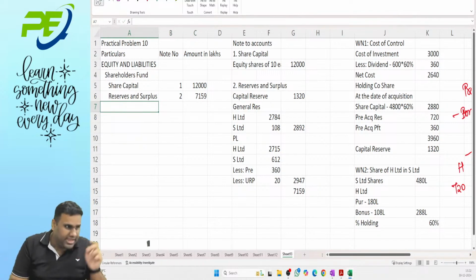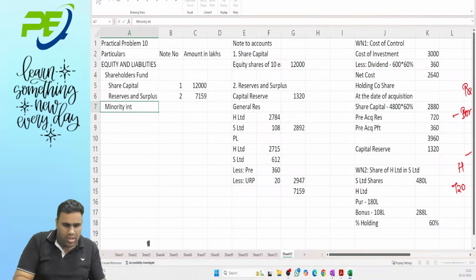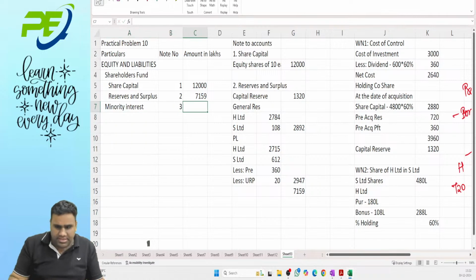After reserves and surplus, next item. Minority interest, note number 3.